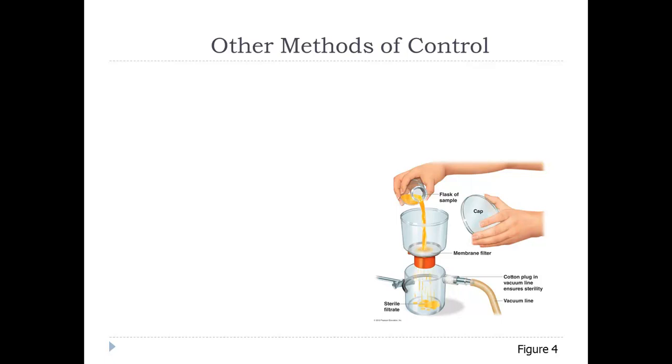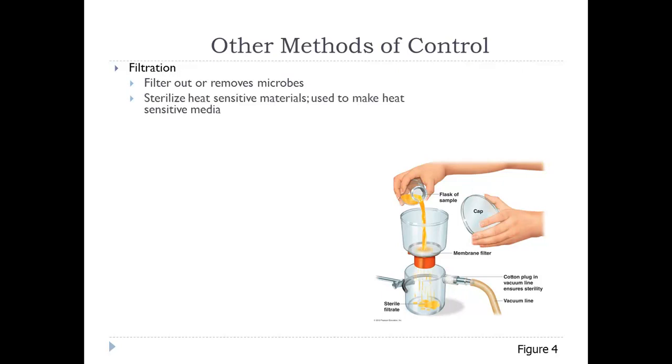Other methods of control: filtration. Filtration removes microbes. It is used to sterilize heat-sensitive materials such as enzymes and vaccines. We also use it to make heat-sensitive media.